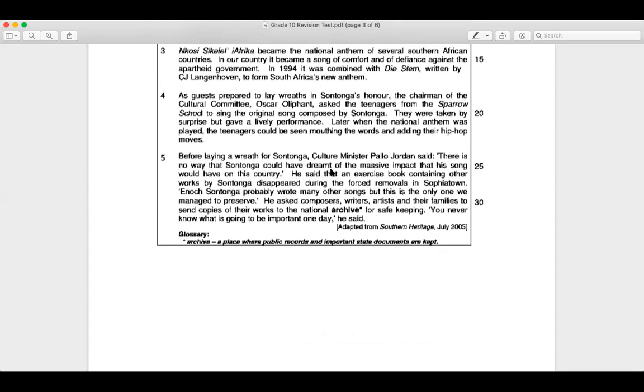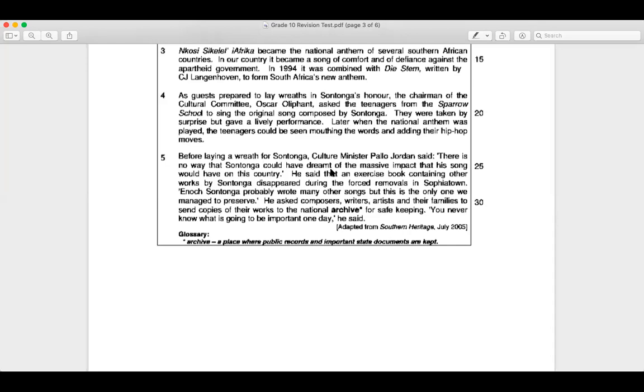As guests prepared to lay wreaths in Sontonga's honor, the chairman of the cultural committee, Oscar Oliphant, asked the teenagers from the Sparrow School to sing the original song composed by Sontonga. They were taken by surprise, but gave a lively performance.